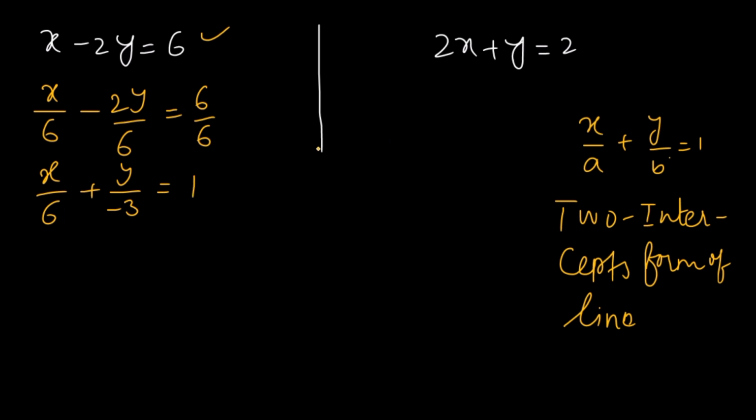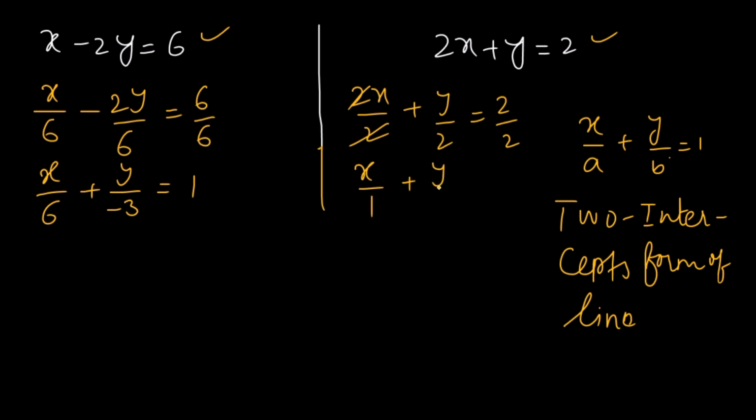In a similar way, when we divide the other line by 2 on both sides, we have 2x by 2 plus y by 2 is equal to 2 by 2. This is x over 1 plus y over 2 is equal to 1. Suppose this is 3 and this is 4.